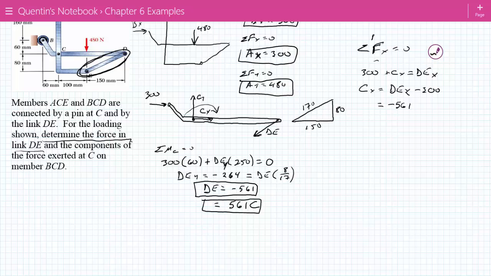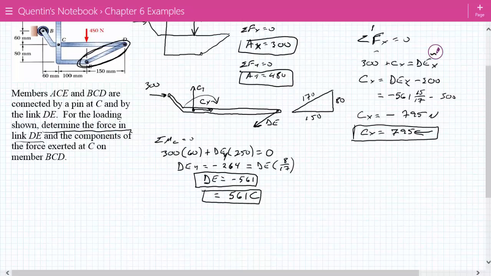So it's minus 561 times 15/17, that's your X component, minus 300. That tells us Cx is equal to minus 795 newtons. So therefore Cx is 795. It just means we drew it in the wrong direction.